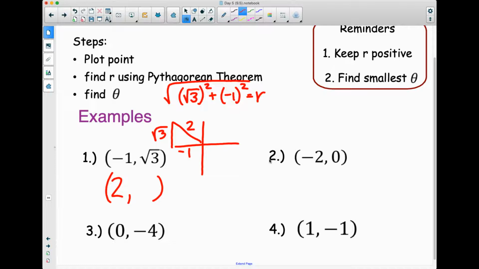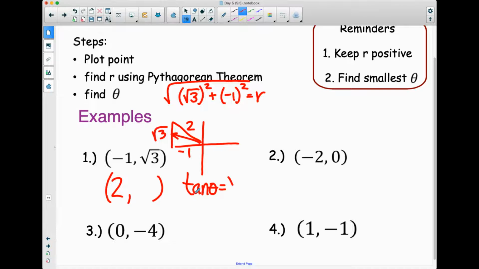Which one has our opposite and adjacent? Tangent. So then tangent, just like we did when we were changing the forms before.